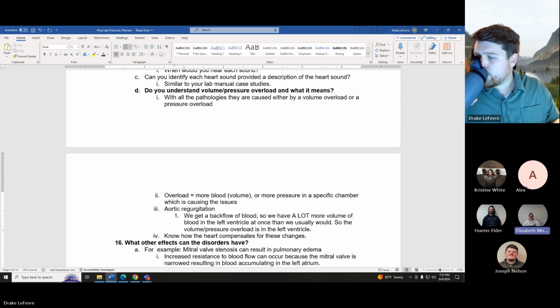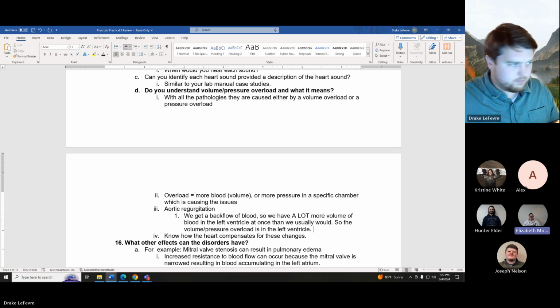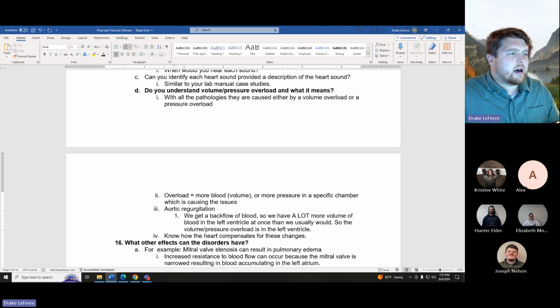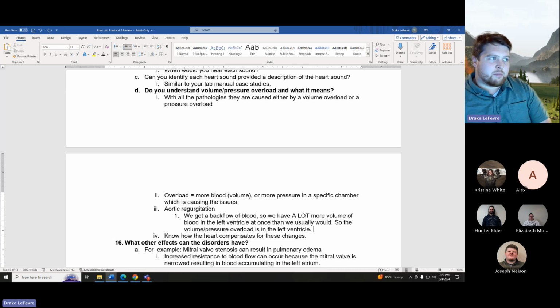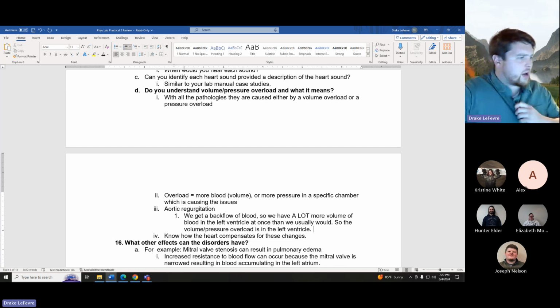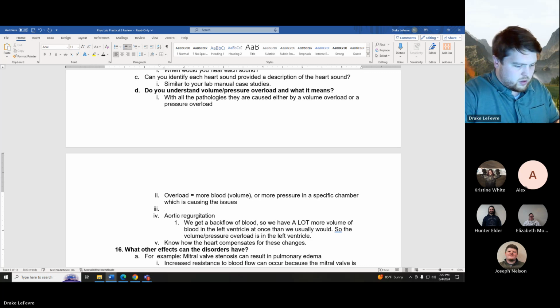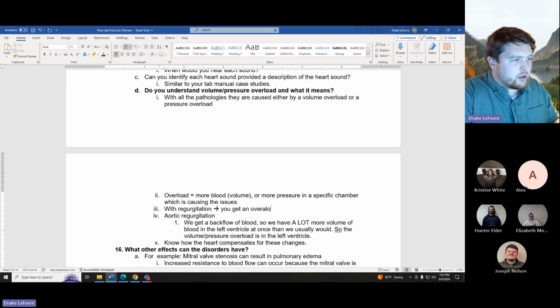No, I think that makes sense. How do you know if it's volume or pressure? They go hand in hand. Like, if you put more volume into the same amount of space, pressure goes up. So I would say, with regurgitation, you get an overload of volume and pressure.